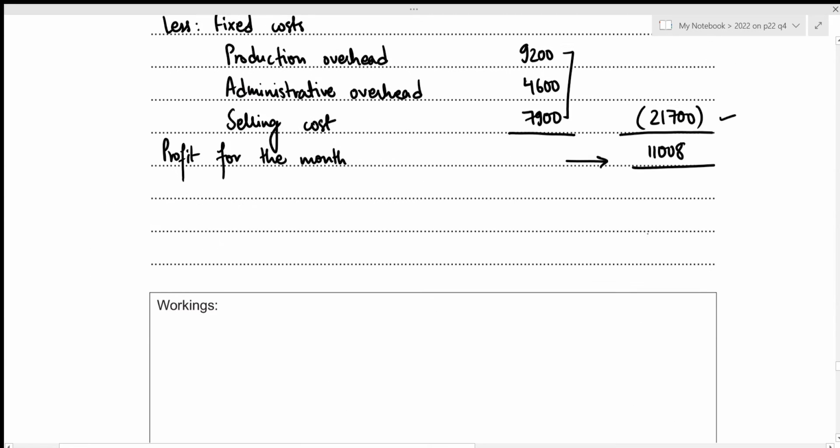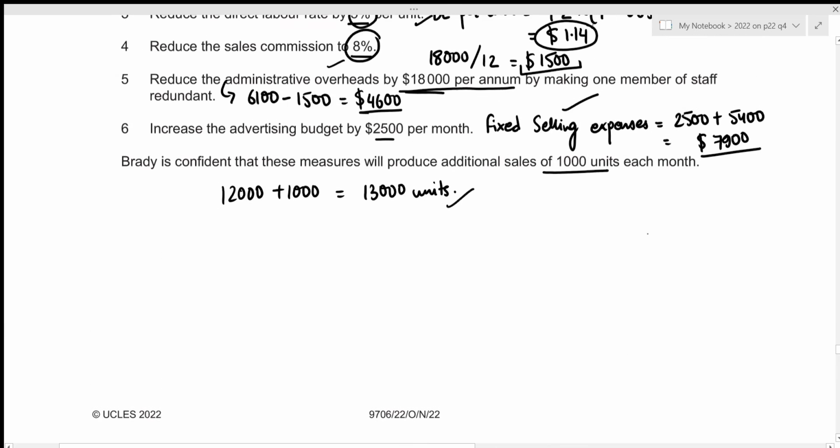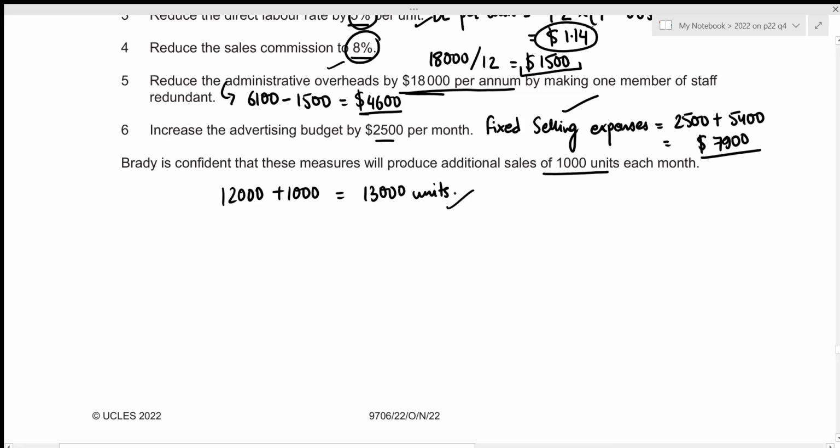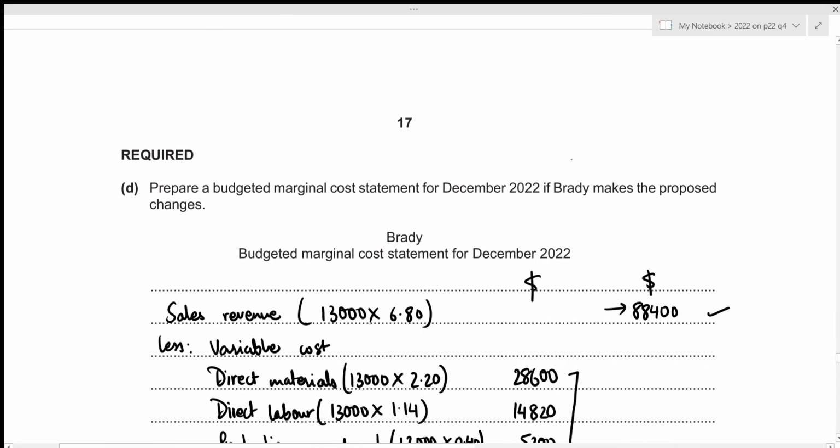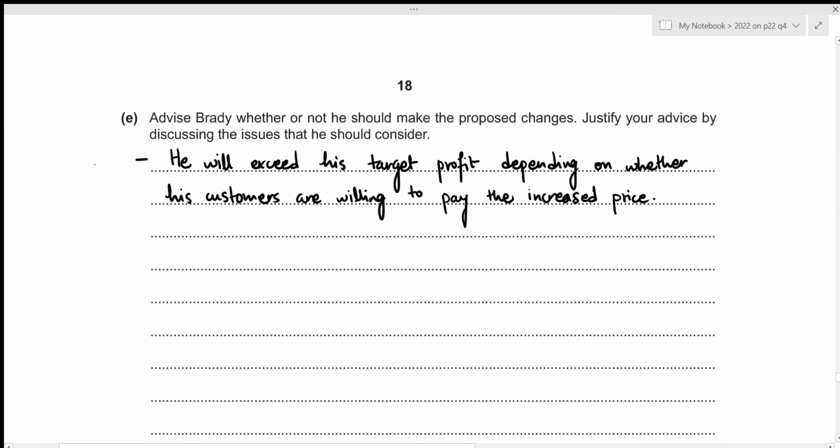Then the next change that we made was that we actually increased the additional number of sold units by 1,000, right? And we do not know how accurate this forecast is and if this target is even achievable. So that's still a question. Let's write it down.